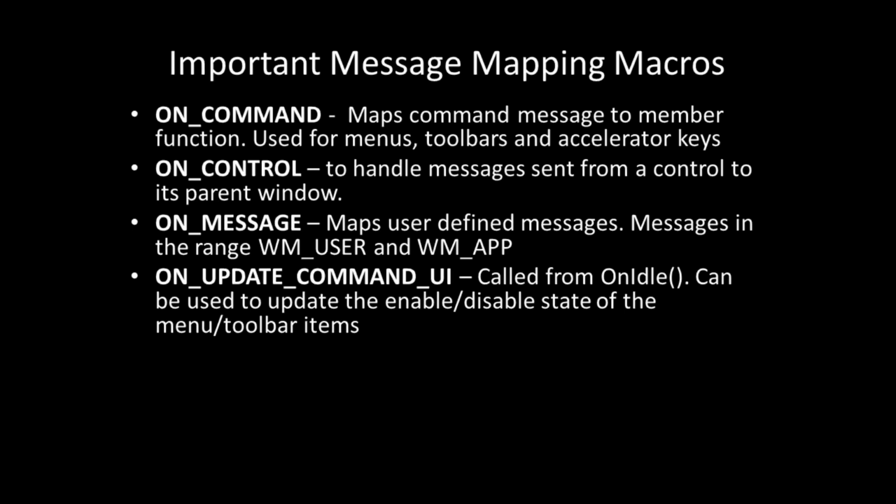In many applications you might have seen that some of the menus will be disabled initially, and based on some condition that menu will get enabled. So when you want to do this enabling and disabling of the menus and toolbars, then we go for ON_UPDATE_COMMAND_UI messages.